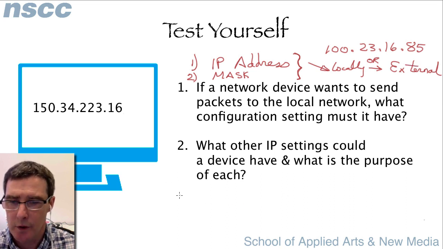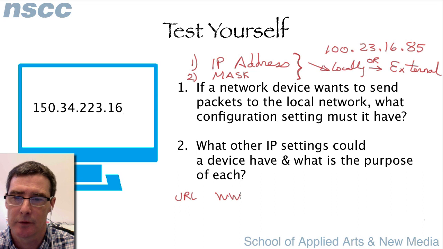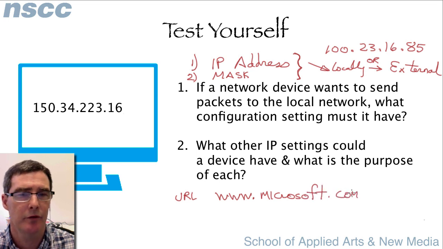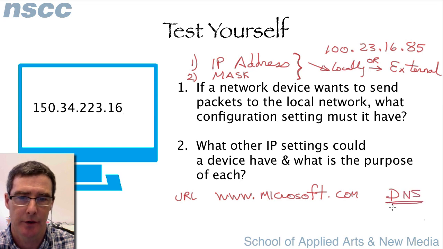Now, if we have an application that uses English URLs, for instance, called a canonical name like www.microsoft.com, then we need to have some type of service called a DNS service on our network that will convert this name to an IP address.